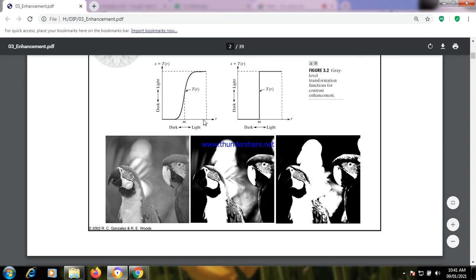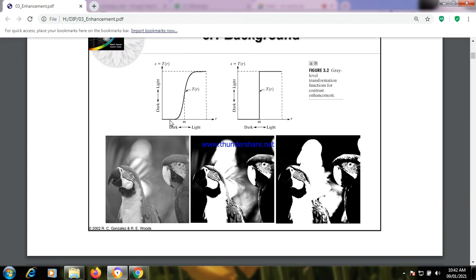Say this is the intensity level, 0 to 255, and we have one at the center, which we show by M. Intensity values less than M are made dark. Whatever intensity values we have less than M, say this is a threshold, we make them darker, and intensity values above M are made bright, so that you can clearly see the information within that particular image.